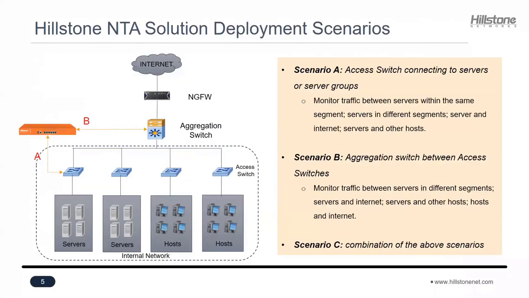to the internet. So as you can see on page 5, the BDS appliance can be deployed near the critical assets it is trying to protect, near the access switch or aggregation switch. We can mirror the traffic flowing through these switches by tapping the switch port into the device.